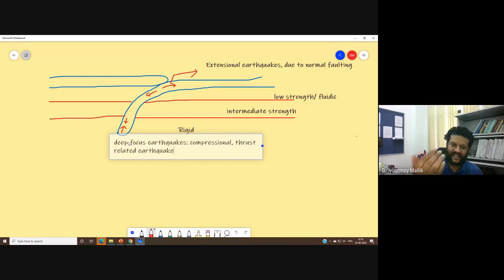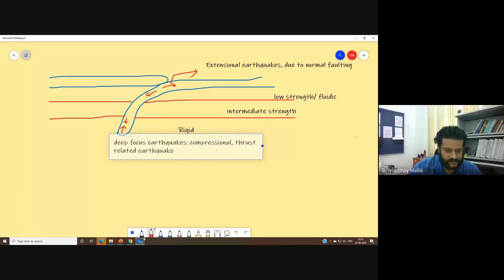And because of the change in strength of the mantle through which my subducting plate is going, we observe this difference in earthquake type depending on the depth in a subduction zone. Of course, in the intermediate zone, I observe both extensional and compressional earthquakes.